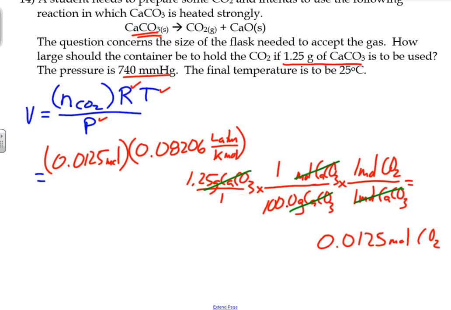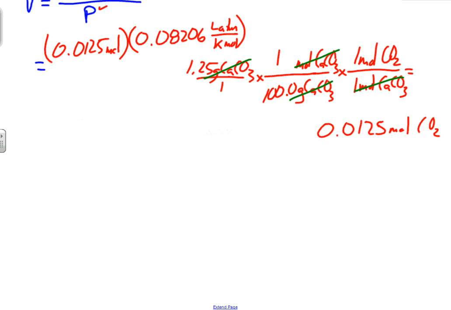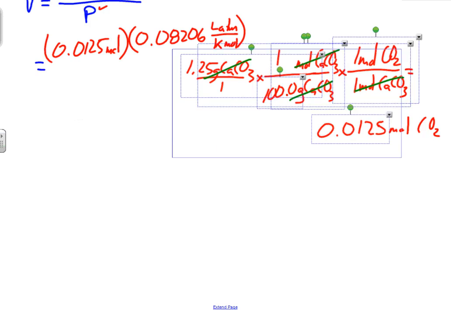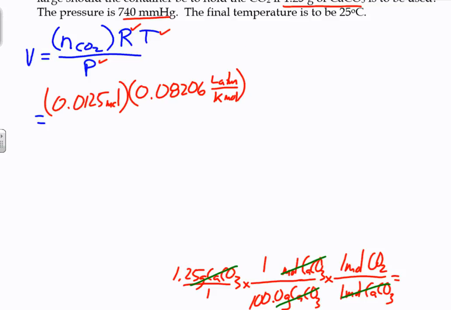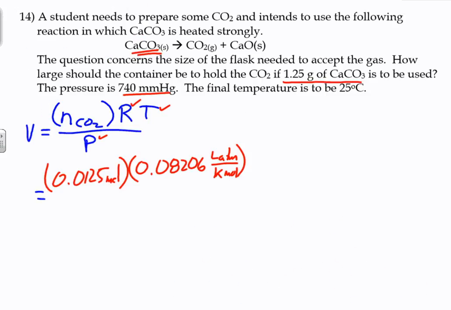So let's go ahead and move the stoichiometry part out of the way here. Then we've got our temperature, which is 25 degrees Celsius. Again, we want to use Kelvin for that, so it'd be 297 degrees Kelvin, add 273 to the Celsius temperature.